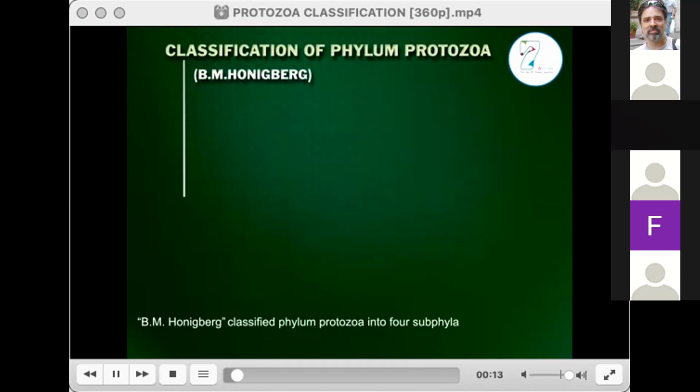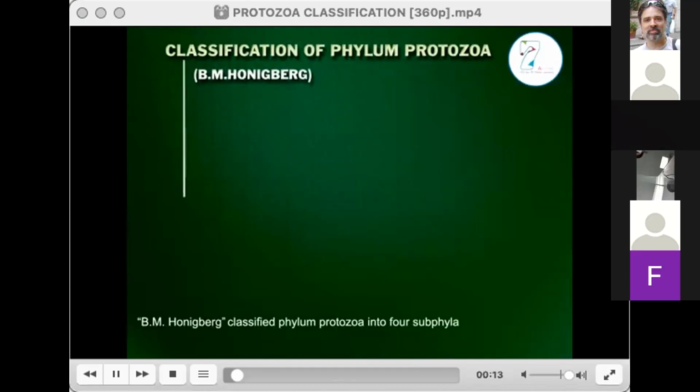Superclass 2, Opalinata. Characteristic feature: body is covered by oblique rows of cilia. Binucleate or multinucleate, but all nuclei are identical, homokaryotic.